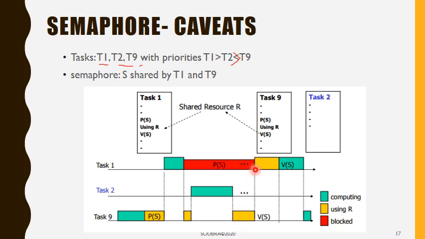So it will directly take the semaphore now, execute, give back the semaphore because I'm done with it, and then execute whatever is left because I still have the highest priority. I am the highest priority task. And once I'm done with my execution, and only then, task number 9 could finish up its execution.